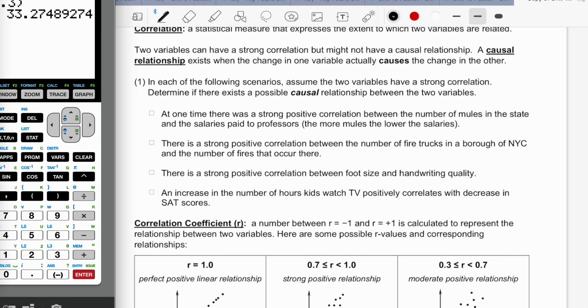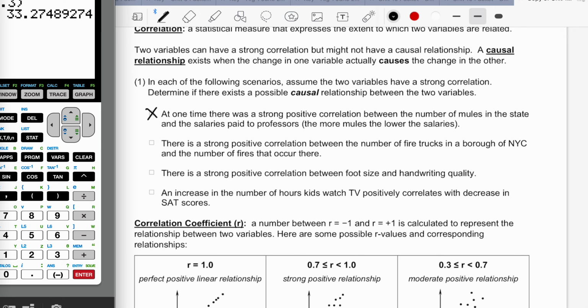So it just seems like that's a coincidental relationship, and I wouldn't say that that's causal. I don't think that there's anybody watching the news right now saying, oh, New York just bought 1,000 more mules, salaries are about to go down. It's not really like that.